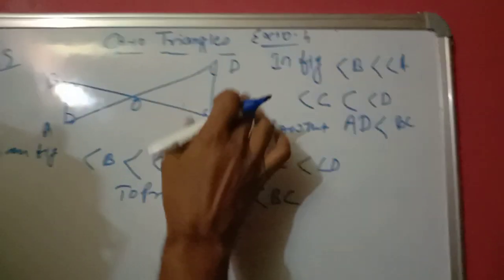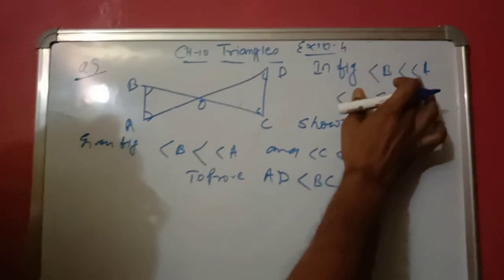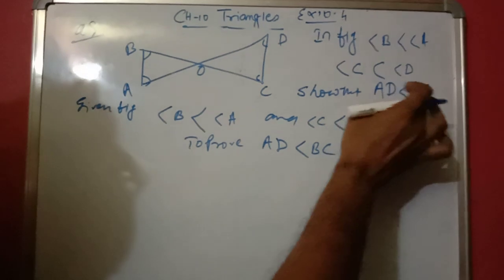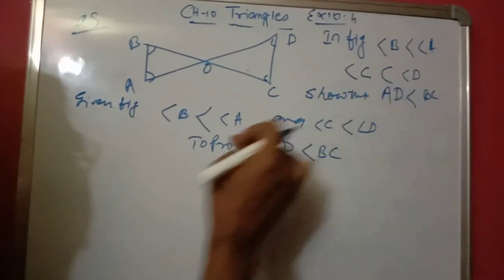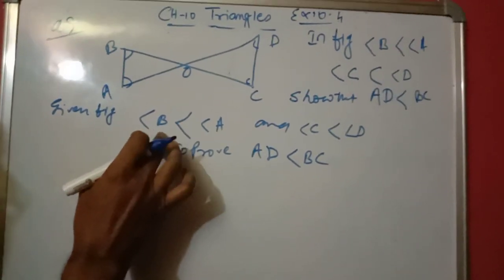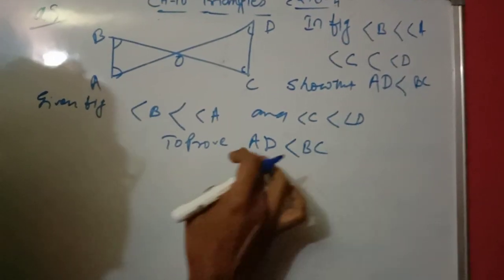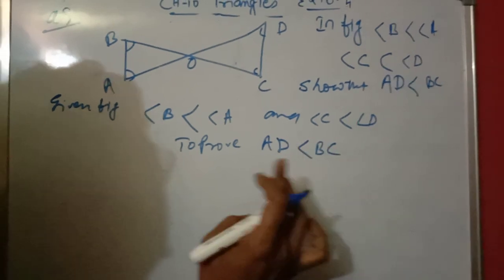In the given figure, it is given that angle B is less than angle A and angle C is less than angle D. To prove AD is less than BC.